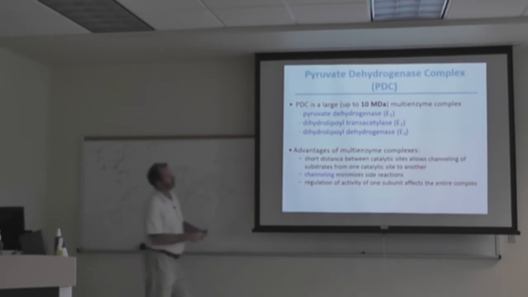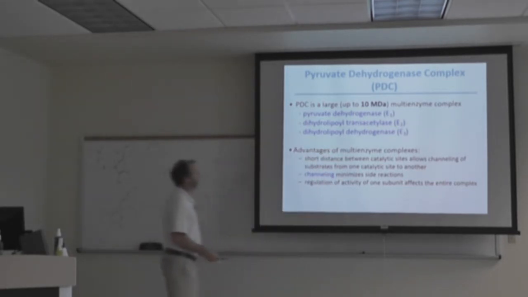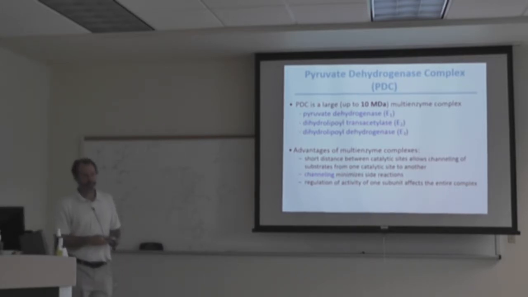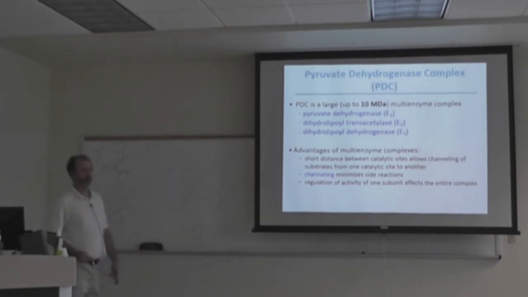The last enzyme, enzyme 3 of this complex, dihydrolipoyl dehydrogenase, what that does is it regenerates the oxidized form of lipoic acid. And in reality, it transfers these electrons to FAD as part of the complex, and then eventually it ends up at NAD. So, boy, I don't know if I can draw FAD. Should I try?